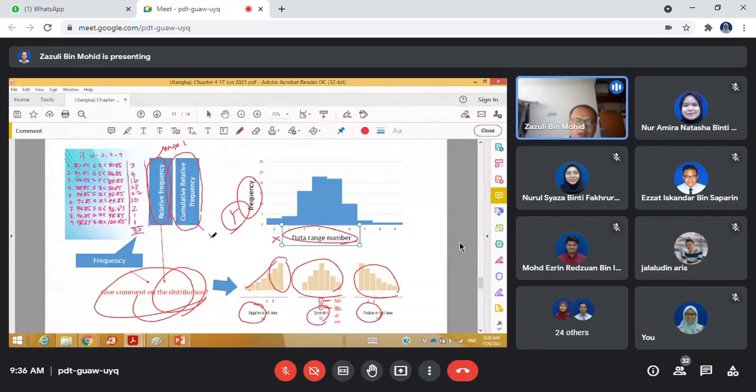So the total accumulation of this one is equal to 1. Cumulative relative frequency. So when you draw the data, you can have it like this. So then you can say what is the relation between the x-axis and y-axis.